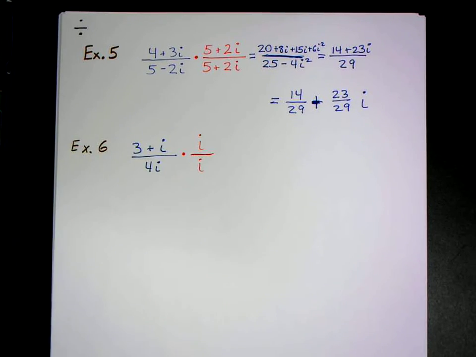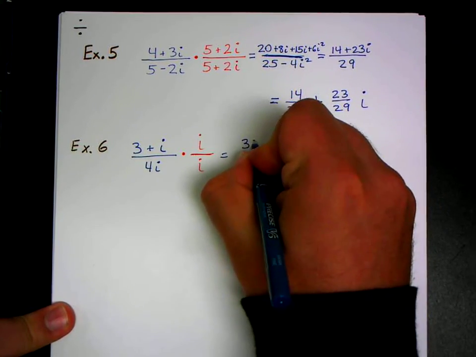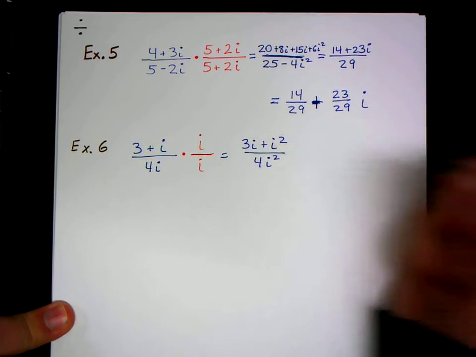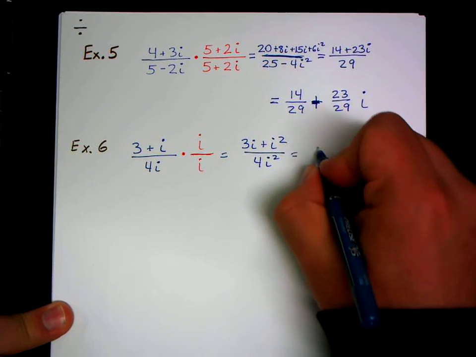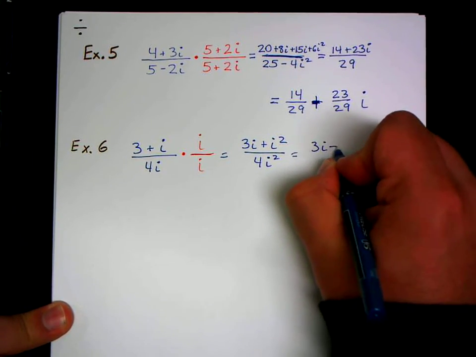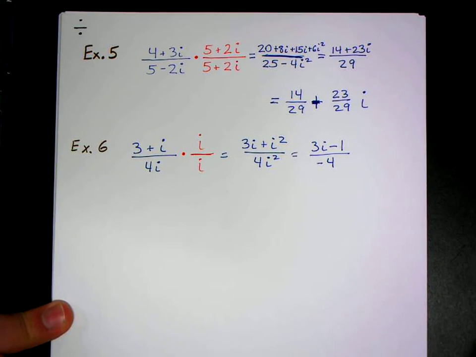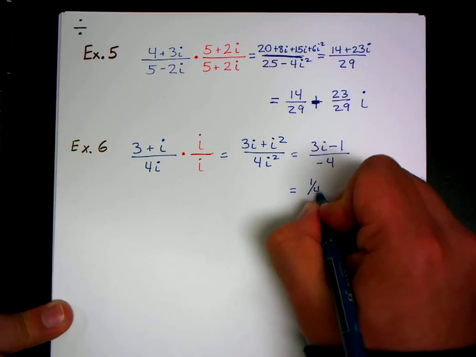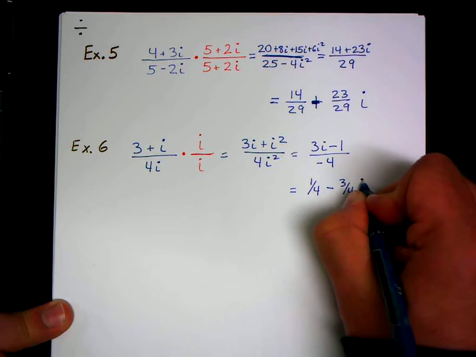But on this one, if I multiply by i, this just makes a 4i squared. Now my i squared would just disappear. So then I have 1/4 minus 3/4 i.